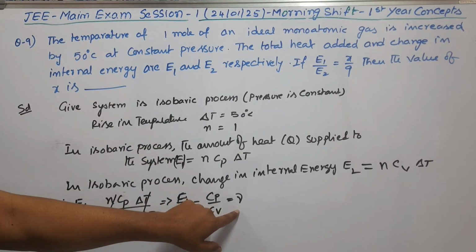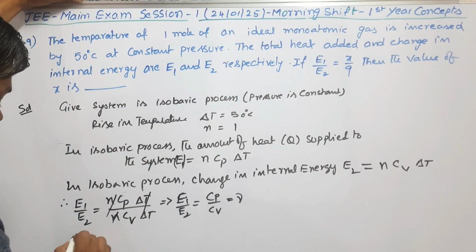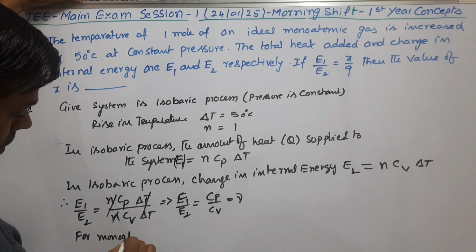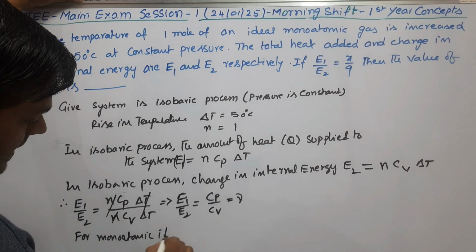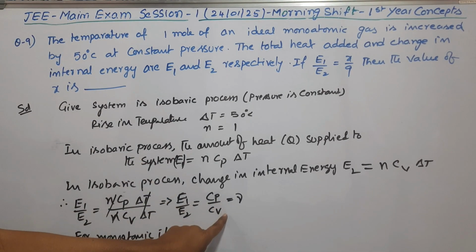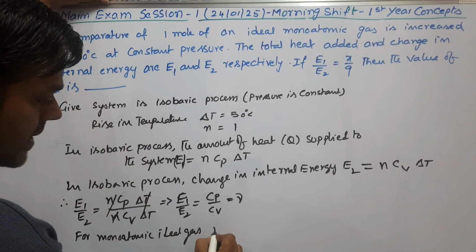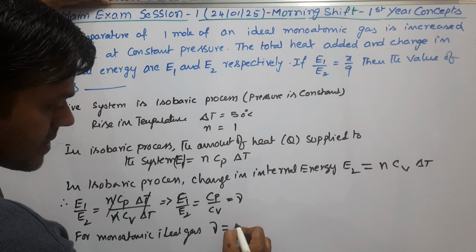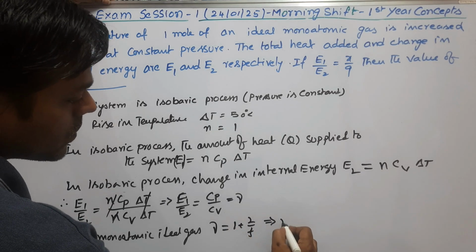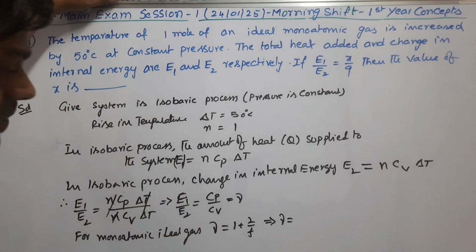Here, gamma for a monoatomic ideal gas, the ratio of specific heats, in terms of degrees of freedom F, is 1 plus 2 by F. But gamma is equal to E1 by E2, isn't it?